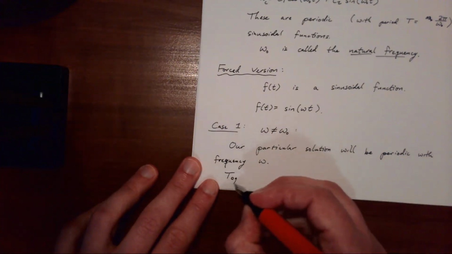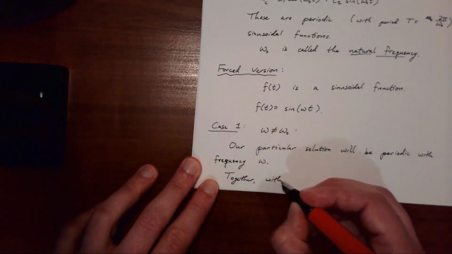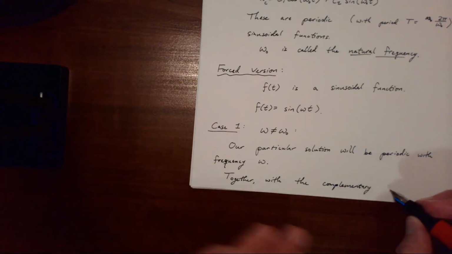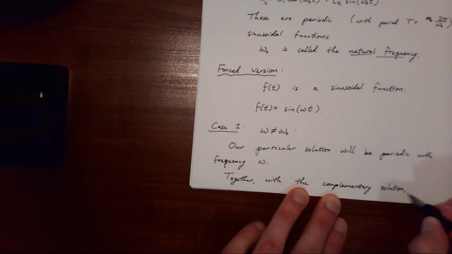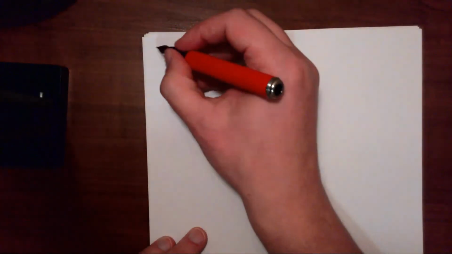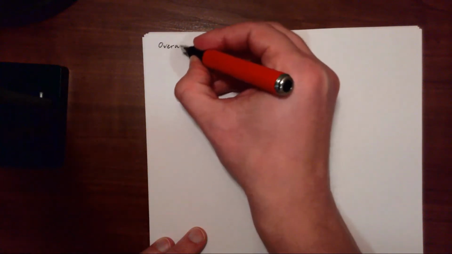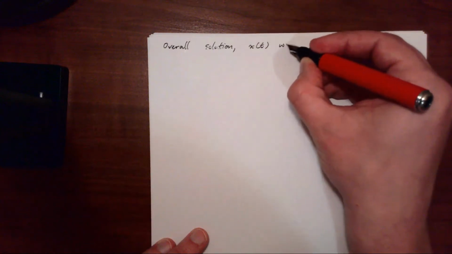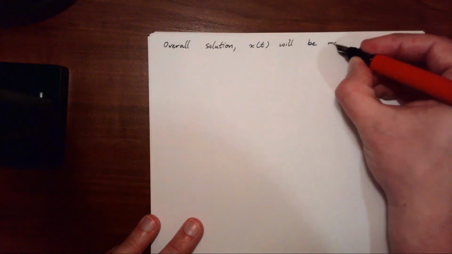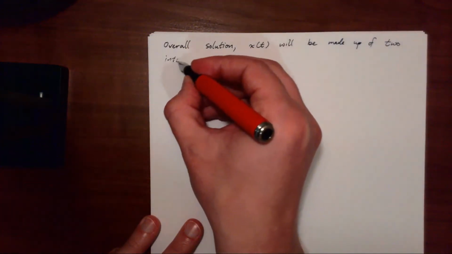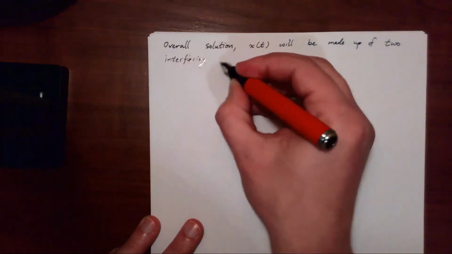Then together with the complementary solution, the overall solution x of t will be made up of two interfering sinusoidal patterns.